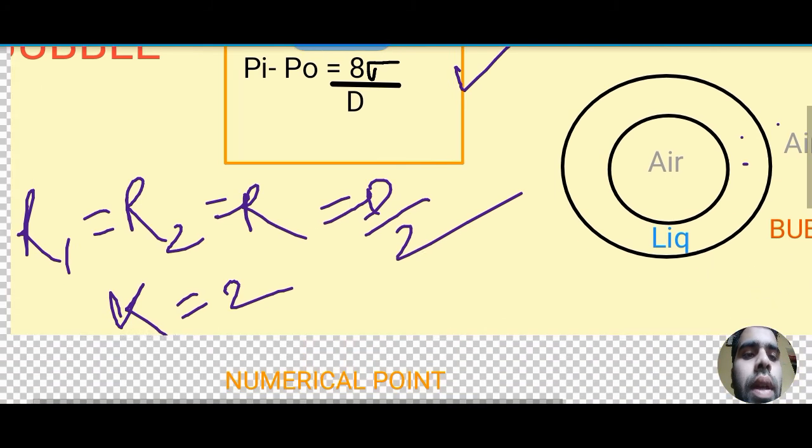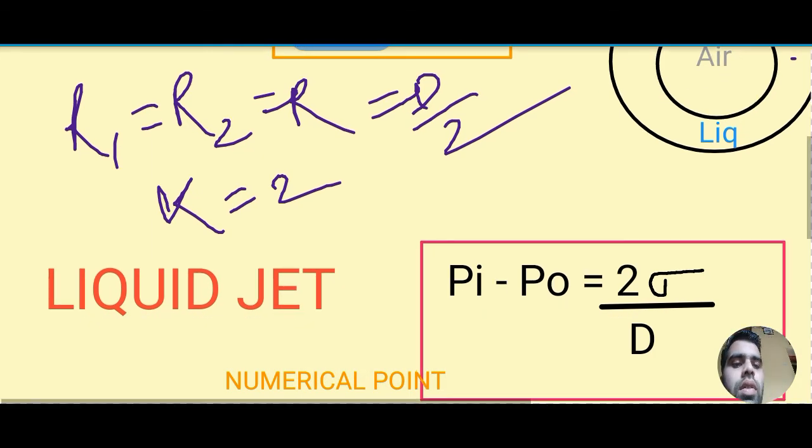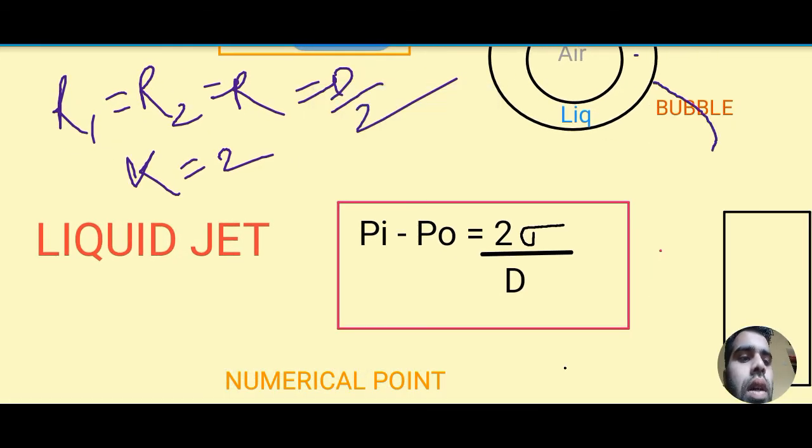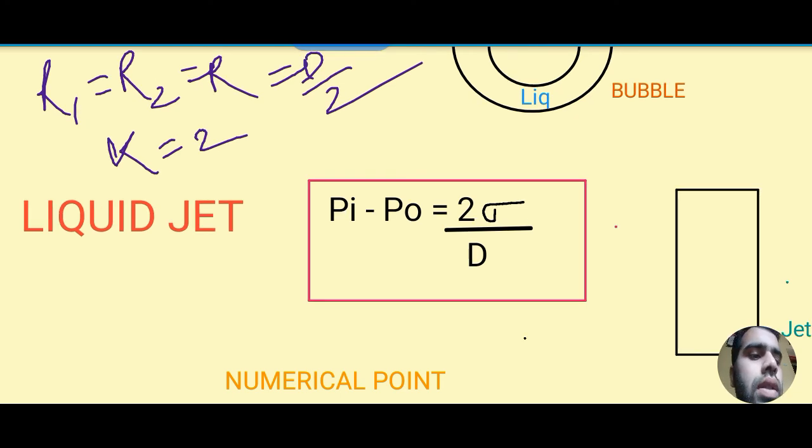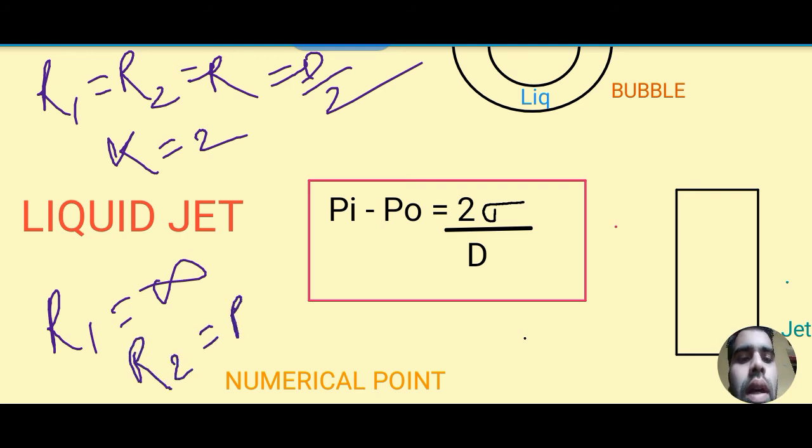You just need to remember, for a bubble, Pi minus Po, that is inside pressure minus outside pressure, is 8 sigma by D. Now let's see the third case. For the third case, we have a liquid jet. Here one radius will be infinite and the other radius will be R. So R1 equal to infinity, R2 equal to R, and the value of K will be 1.